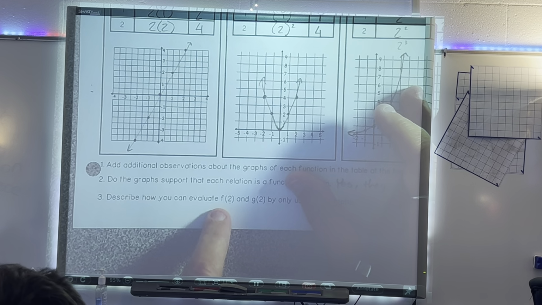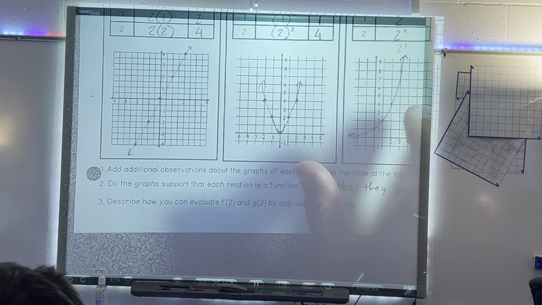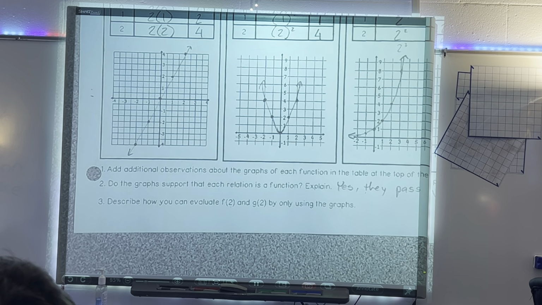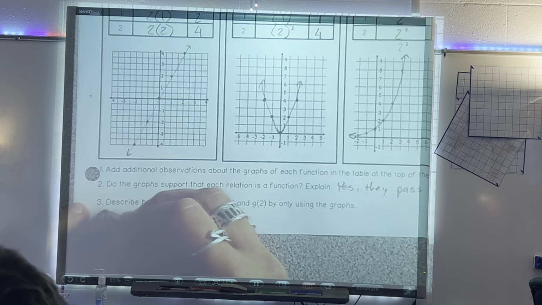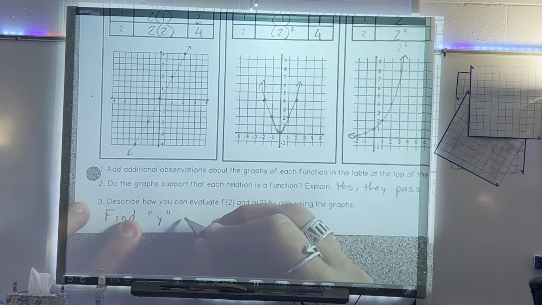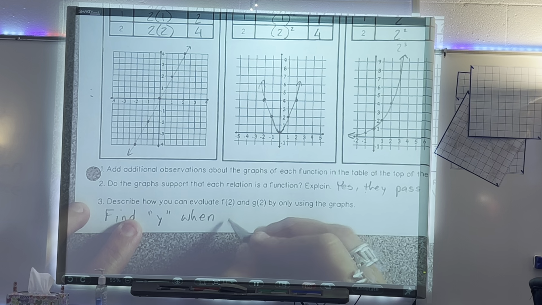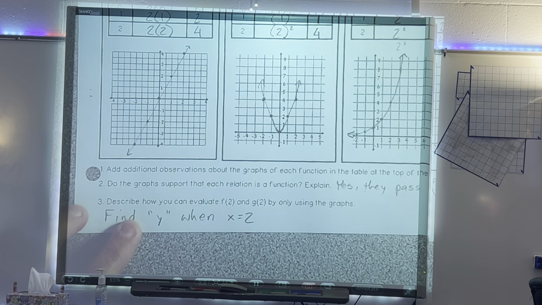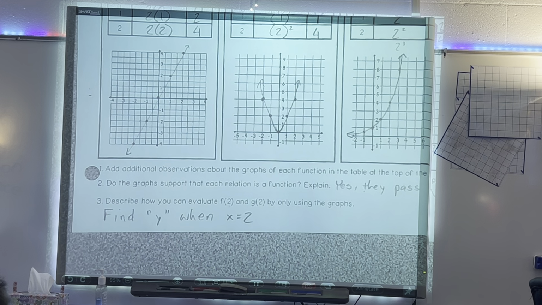So they're asking, what is y when x is 2? So they're asking me to find y when x equals 2. That means I'm going to go over to 2 on my graph, go up, and find what the y value is. And the same thing in the g function.